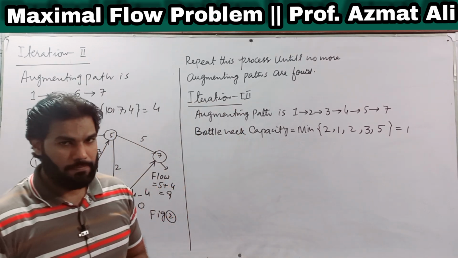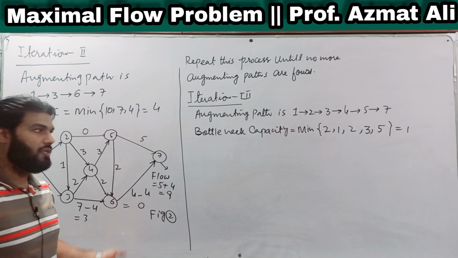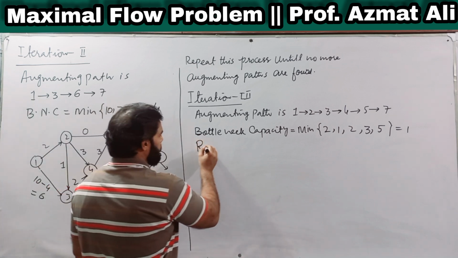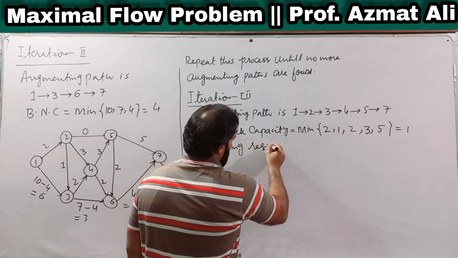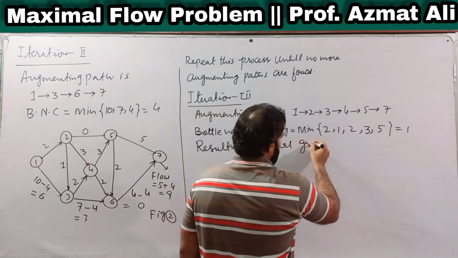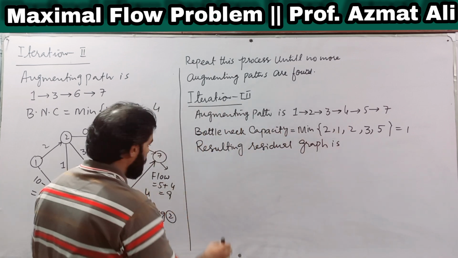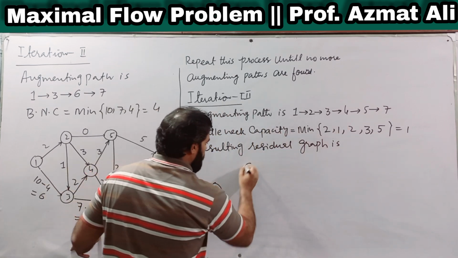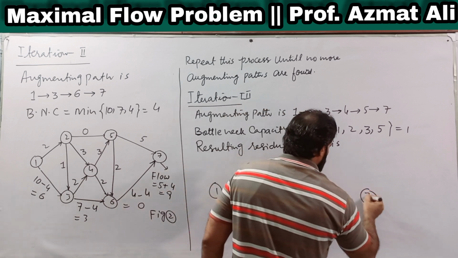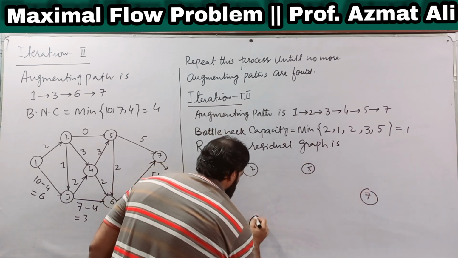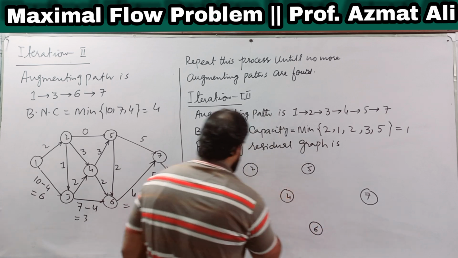Again, as before, we update figure number 2, the resulting residual graph. This is node 1, node 2, node 5, node 7, node 3, node 6, node 4.